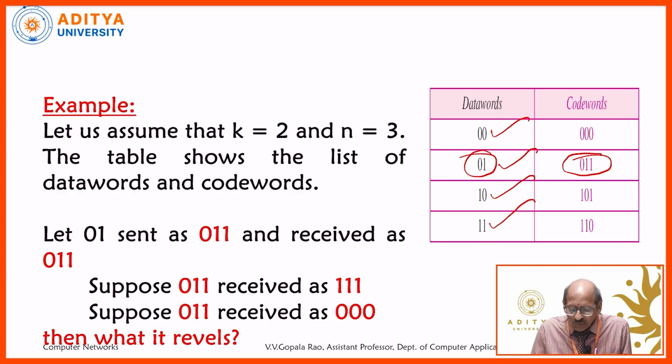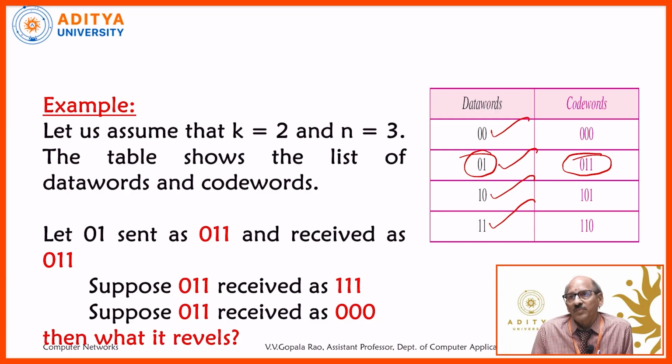Whenever the data word to be sent is 0 0, it has to send the code word as triple zeros. Whenever it is interested to send 0 1, it has to send 0 1 1. It is a fixed notation understood by both the sender and the receiver in the course of communication.